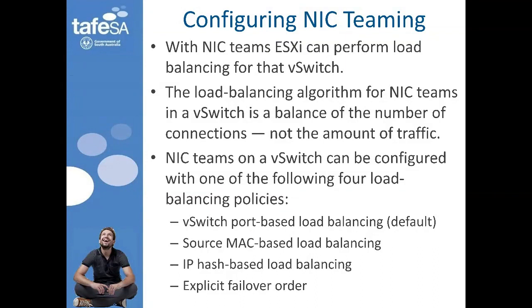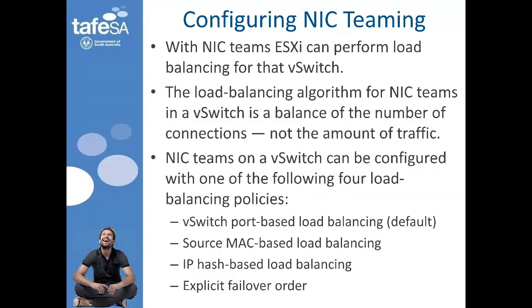You get me? But if it happens that one of the connections on this one is transferring 20 gigs and all of these together are transferring 1 gig, it doesn't matter. It's balancing the number of connections, not the amount of traffic. Okay, so get that right. But obviously over the big span of things, it all evens out anyway.